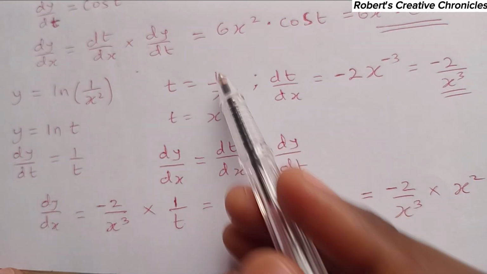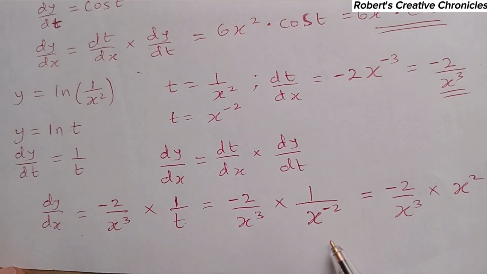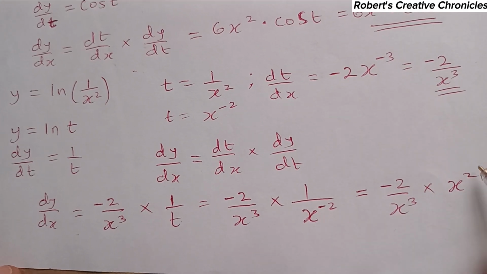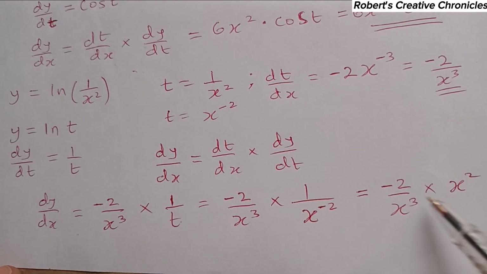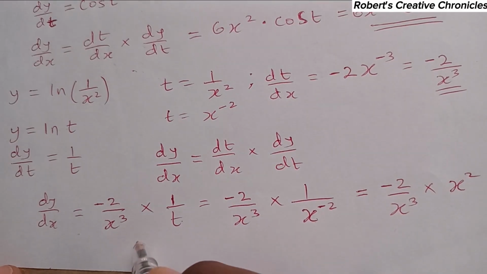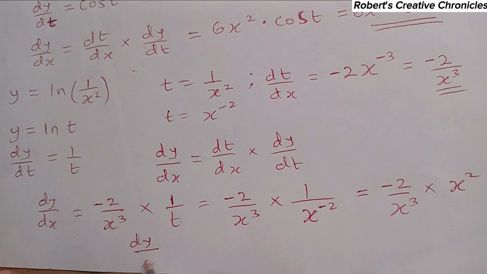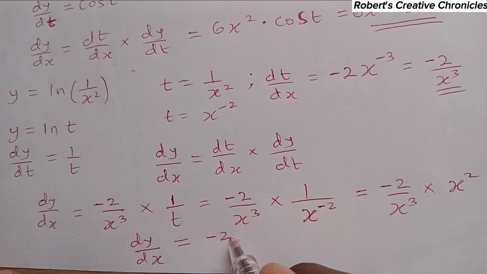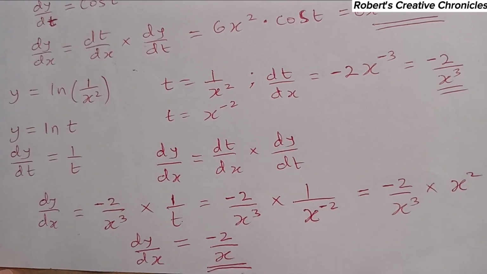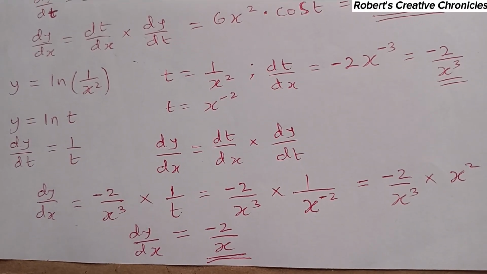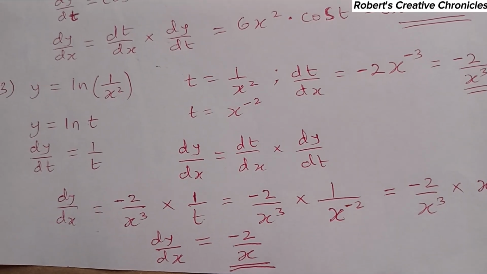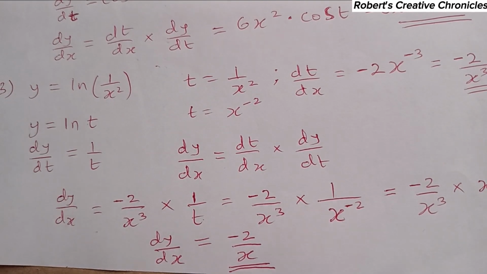Because even if you say 1 divided by 1 over x squared is x squared. So same thing. So here, then x squared will cancel this one to give you what? x. So here, dy over dx will be equal to negative 2 over x. This is the final answer of the third one. So this is the derivative of this.